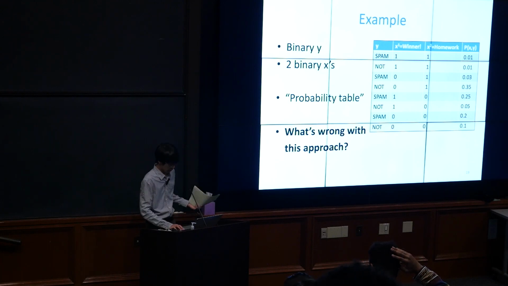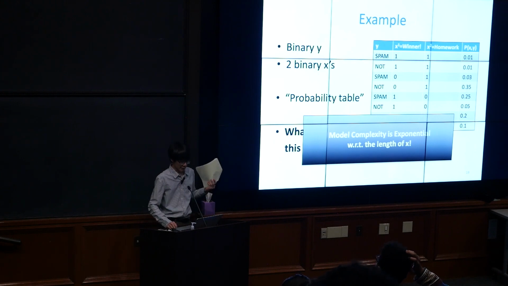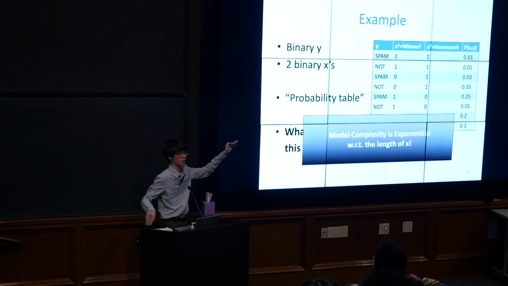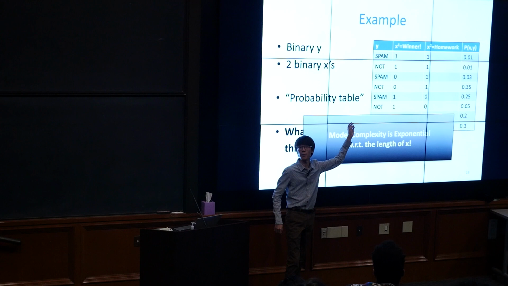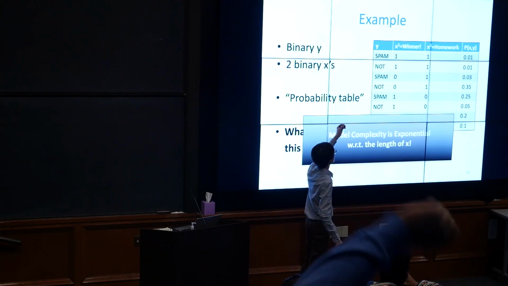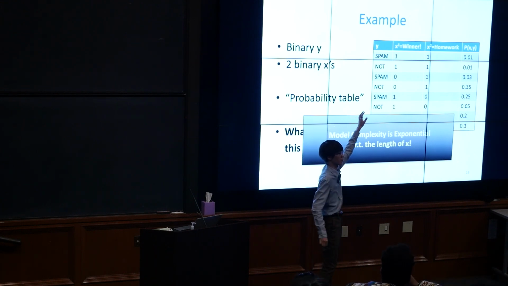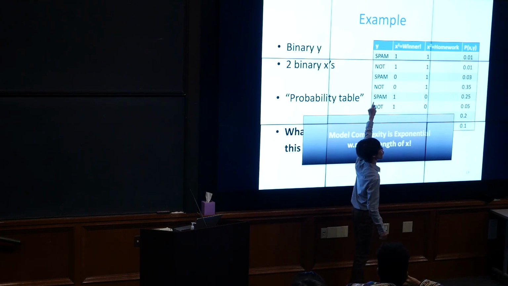As I alluded to before, you might notice that this model's complexity is exponential with respect to the length of x. The more feature columns you have in your x, the more this model grows exponentially, because not only do you need to add those columns, you need to cover every single possible combination. So it becomes 2 to the d. Is it 2 to the d or is it d squared? No, it's 2 to the d, because if you have 1 column, it's just per y, you only get 2.